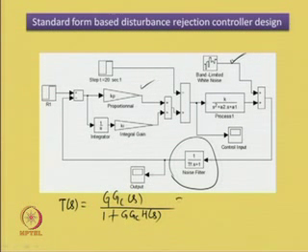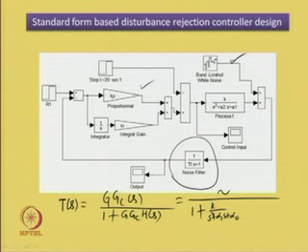Then here in the denominator, do not mind about the numerator, G is k upon s² + α1 s + α0, then G_c is Kp times (Ti s + 1) upon Ti s, then H(s) is this noise filter dynamics, which we give by H(s).